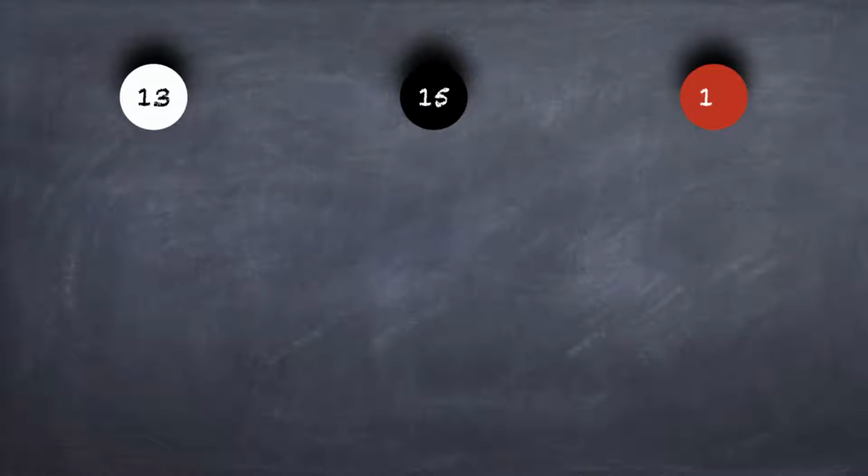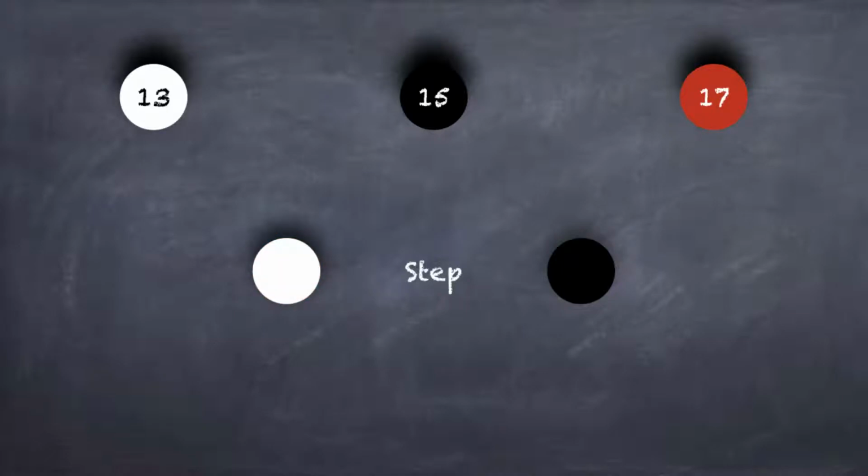So we have 13 white colored chips, 15 black, and 17 red, and you can choose any two chips of different color. Maybe you can choose a red and a black, and replace them with white, and just place them back in the stack.